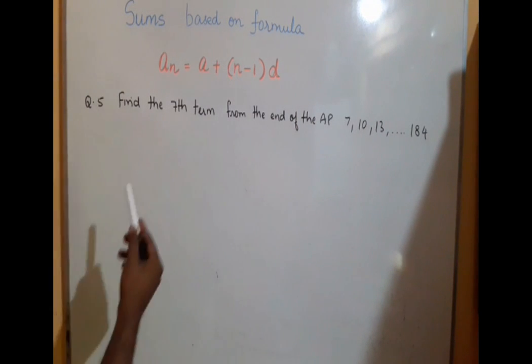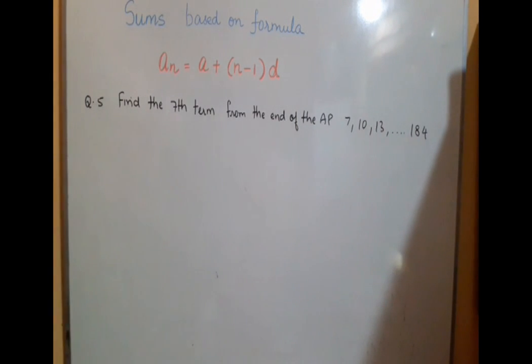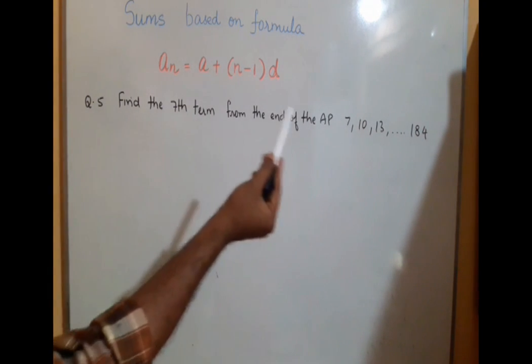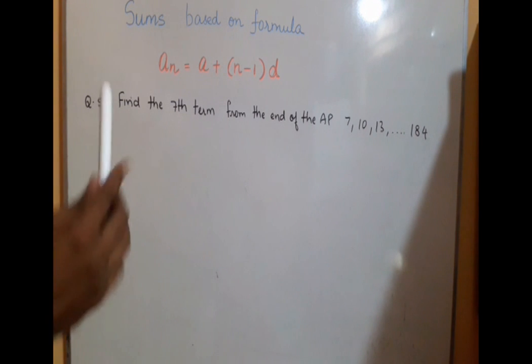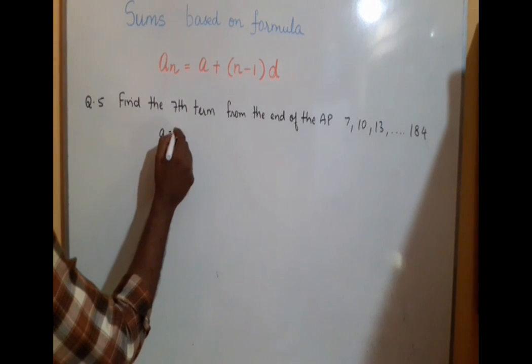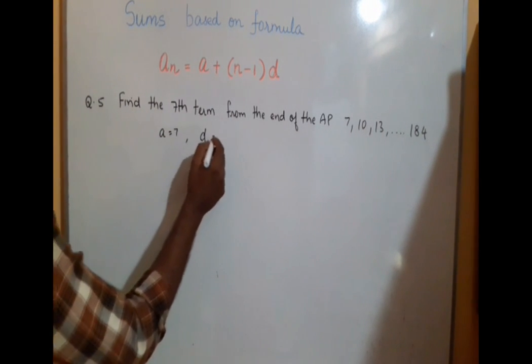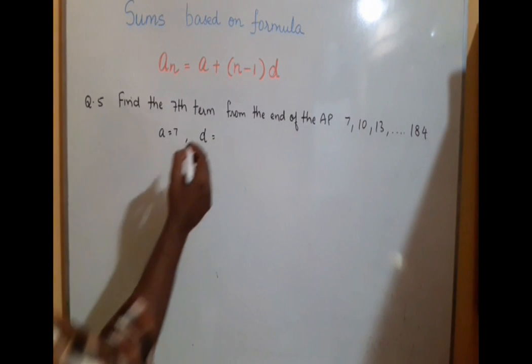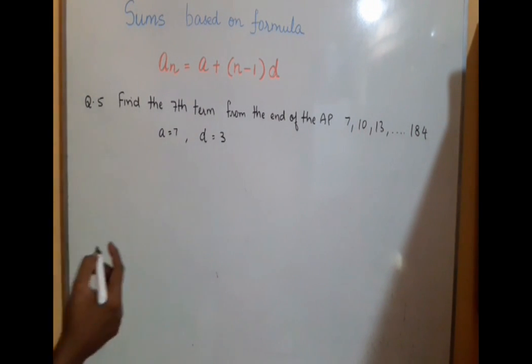Example, we have to find the 7th term from the end of the AP which is given to us. Now you can see this is a finite sequence which has got a last term. If you observe this AP, the first term is 7 and the common difference is 3. What do we do if we want to find the term from the end?